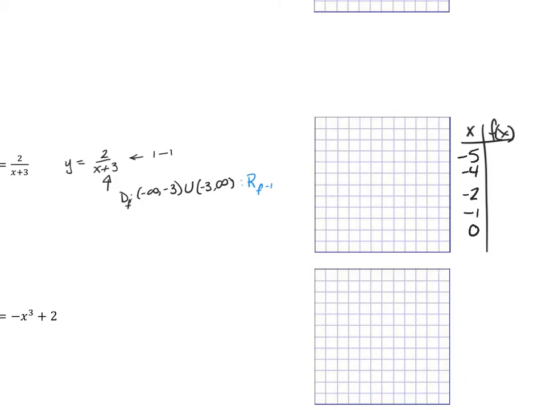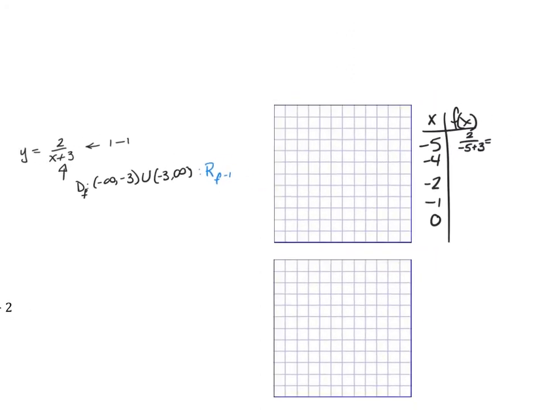So I'm going to put -5 in there, so I have 2 over -5 plus 3, which is -1. So I'm going to draw my graph here. I'm going to move this y over a little bit. So when I put in -5, -1 comes out. So 1, 2, 3, 4, 5, -1.